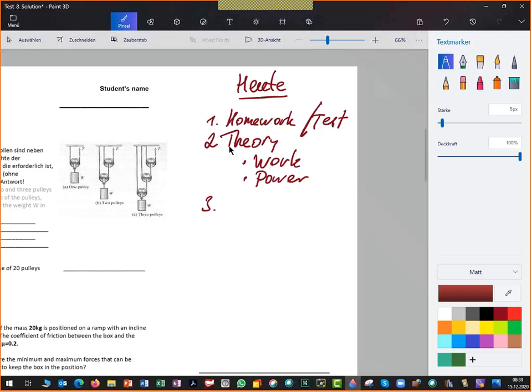Third, we will do some advanced problem solving. And fourth, it's just next class, next week. Let me just give you two keywords.